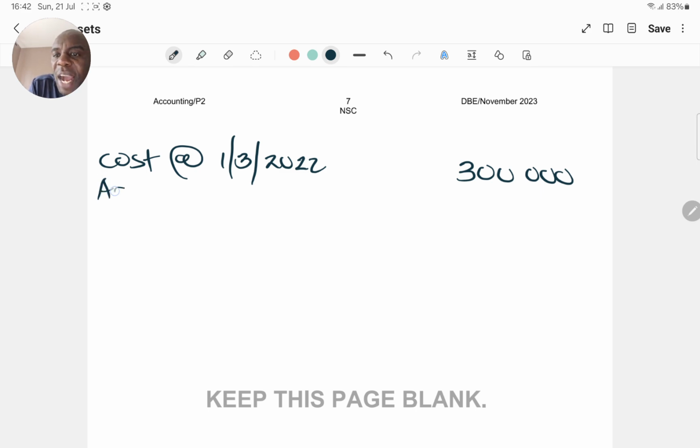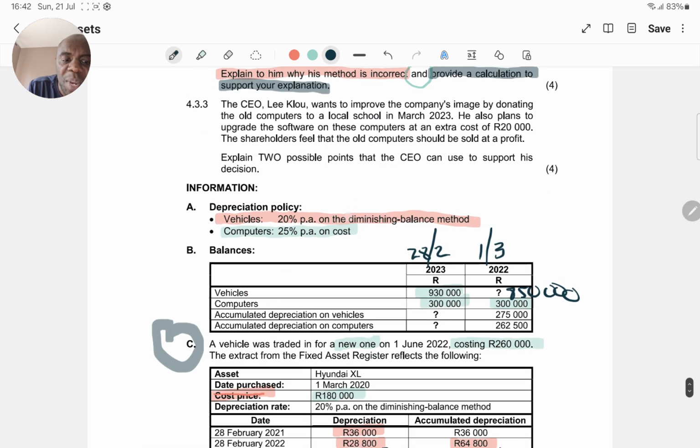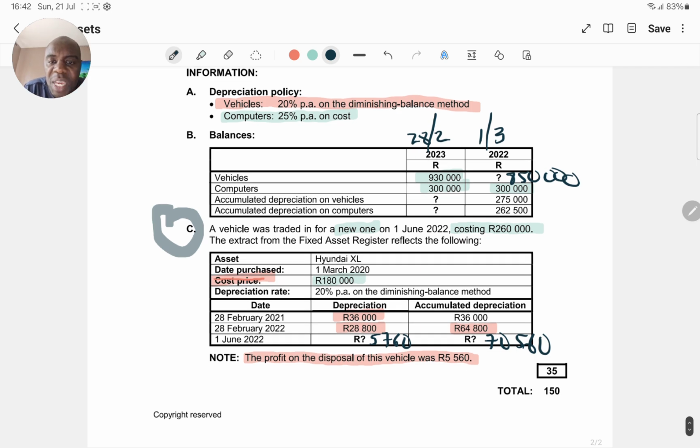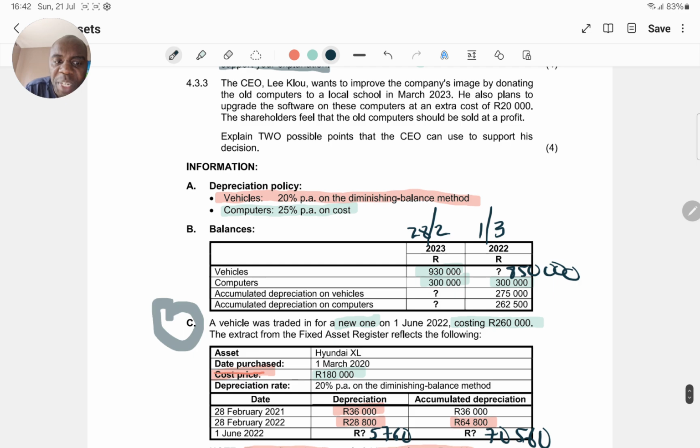Then what is my accumulated depreciation at the beginning of the year? Oh, sorry, this is the wrong information. The accumulated depreciation on computers is 262,500.